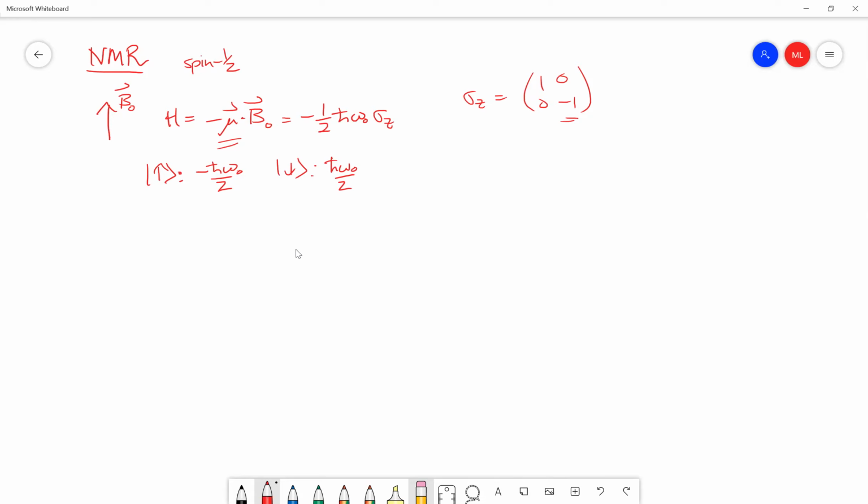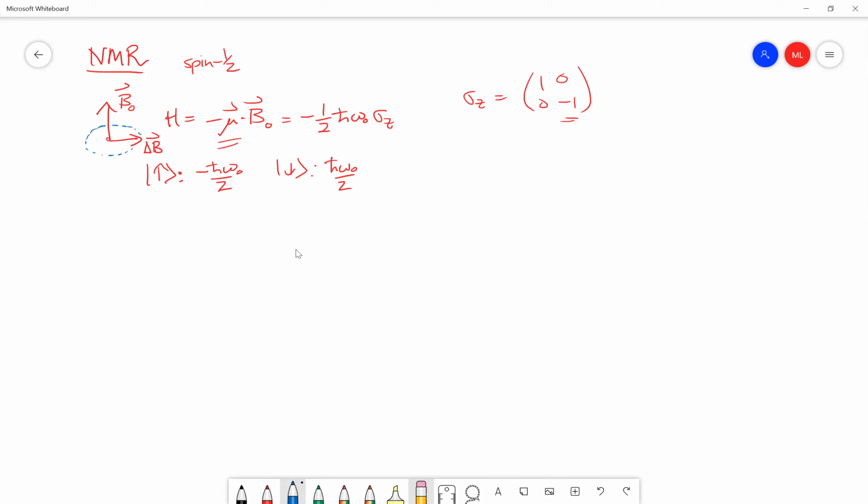And the idea of NMR is that you apply another field. You have this field that aligns the spin, but then you apply another field in a direction that's perpendicular to the aligning field, which we're going to call delta B. And this delta B is actually going to rotate around in the XY plane.